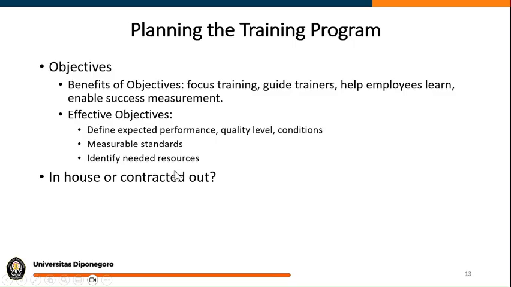And planning in the training program also involves whether the training is conducted in-house or contracted out. So it is related to the issue that I have mentioned earlier, whether your company has expertise in the area that you are going to train.